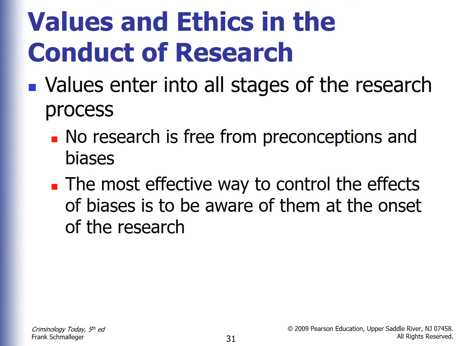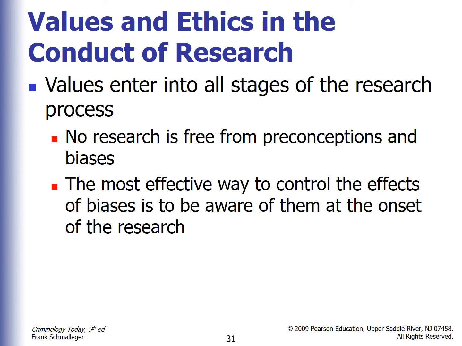If you are going in to study a certain topic, you all have certain biases based upon your upbringing, based upon your own race, ethnicity, gender, whatever, that cause us to possibly think a certain way. We have to acknowledge that, and then we can go into our study and hopefully address whatever biases we have so that they don't affect the honest results that we want to come up with.